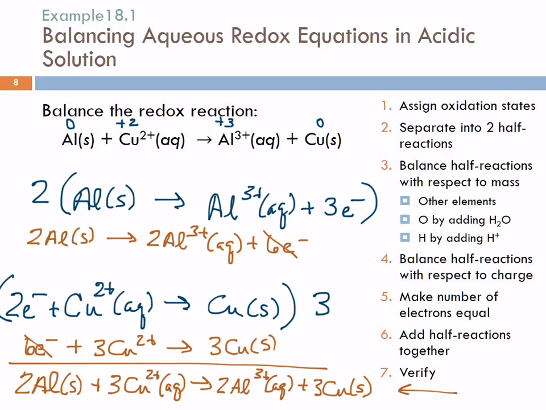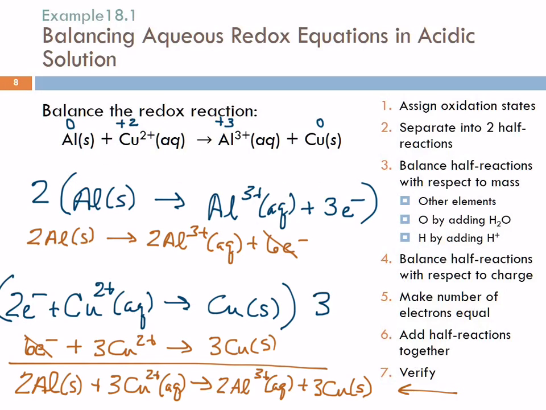Step 7 is verify. Check. I've got 2 aluminums, 3 coppers, and total charge I've got 6+ and 6+. Any questions? The way it was written up here, you look at that and you say, oh, well, that one's balanced already, right?